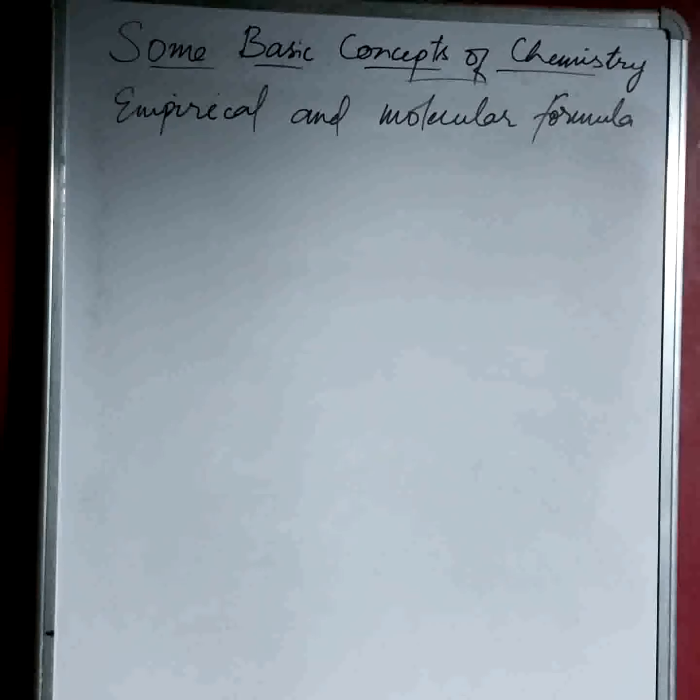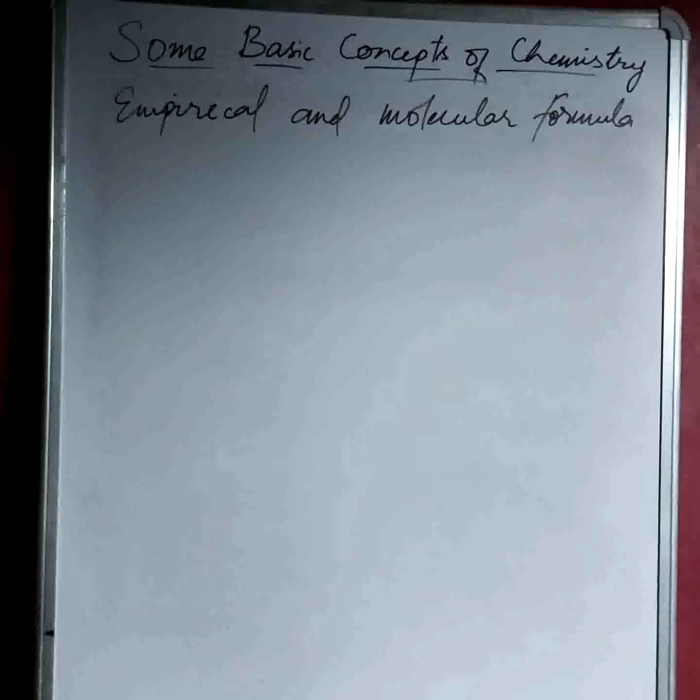So if we know the percentage composition of the elements initially, we can calculate the relative number of atoms of each element in the molecules of the compound. This gives us the empirical formula of the compound. Further, if the molecular mass is known, then the molecular formula can easily be determined as well.